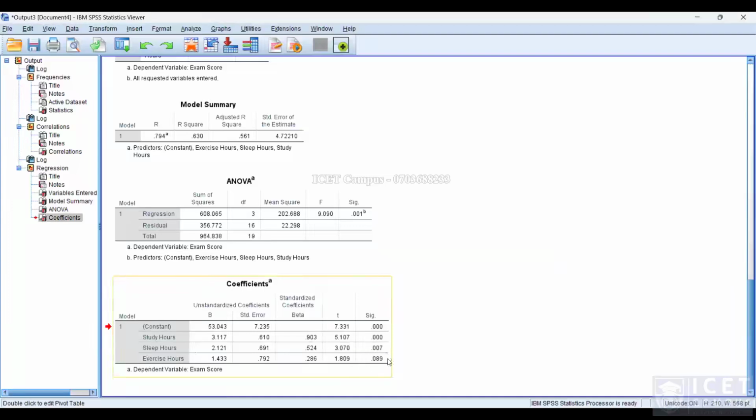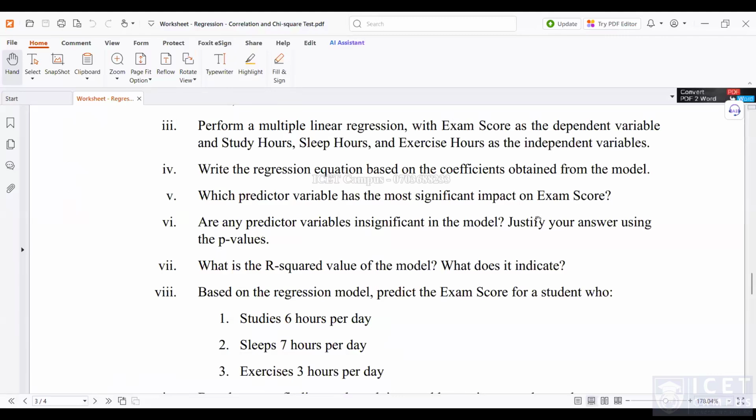Why? Because it is greater than 0.05. Other than exercise hours, the others are less than 0.05. Therefore, yes, exercise hours is insignificant in this model because the p-value is greater than 0.05.